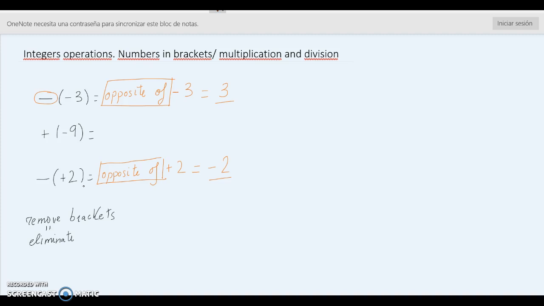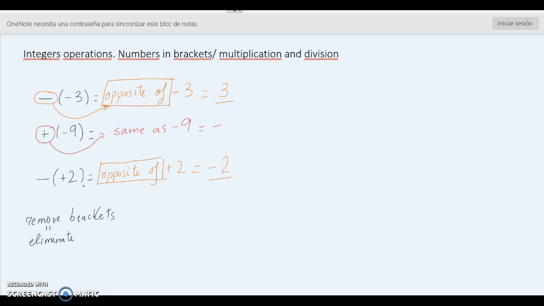Okay, let's see what happens when you find a positive. You have positive, open brackets, minus 9, close brackets. Positive means the same. If minus meant opposite, plus is the same as minus 9.